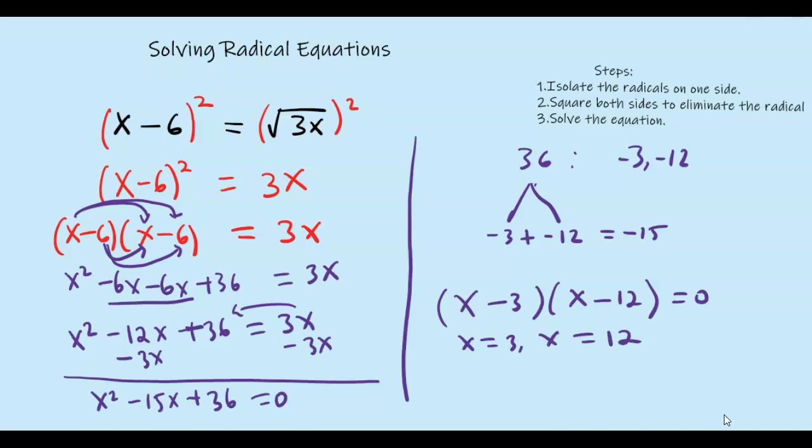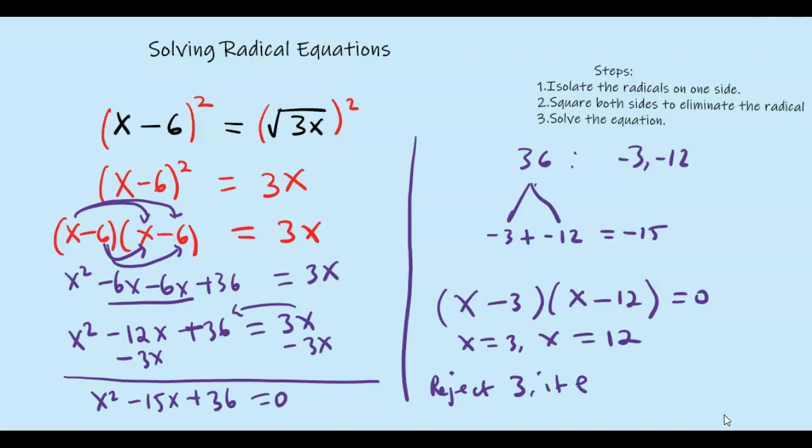We can plug them back into the original equation to see if they satisfy it. When we plug it back in, we realize that we will reject 3 because it is extraneous.